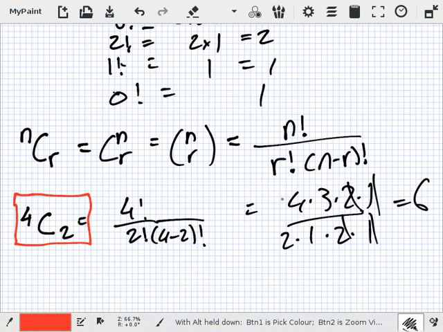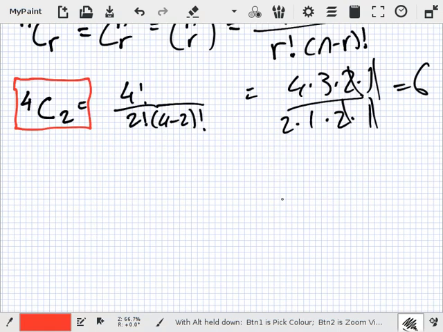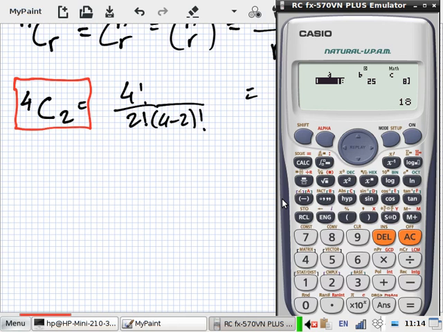Once you found that button, I want you to type in 4C2 just to check that you get 6. Guys, look, it's on my calculator. It's here. So I would type 4 Shift C 2, and I should get 6.